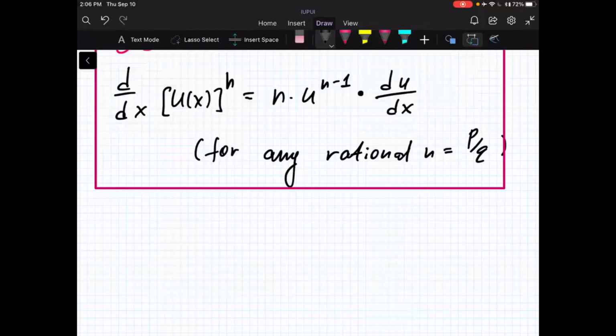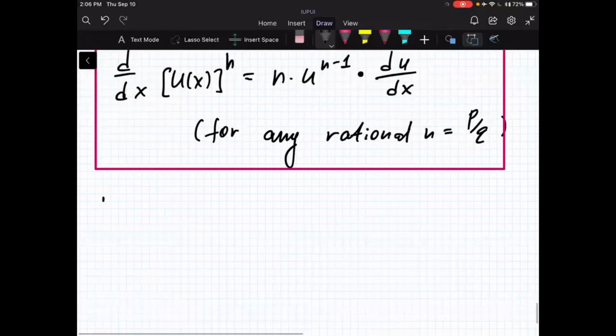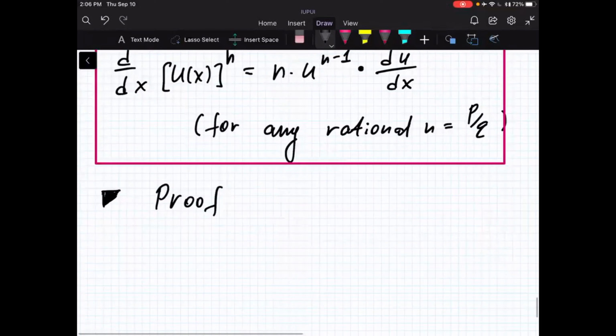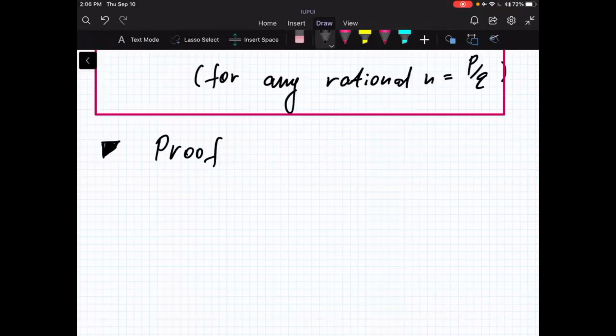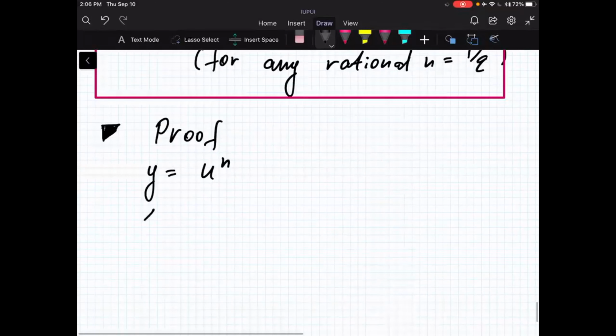So suppose we have y is u to the power n. Then the first step is to calculate delta y, and that will be u plus delta u to the power n.